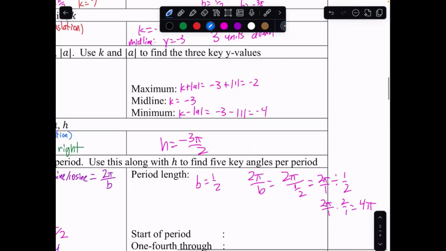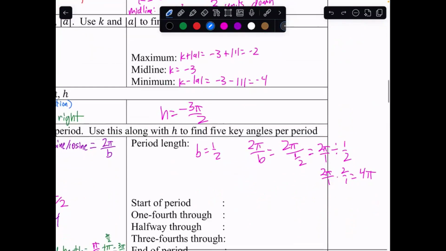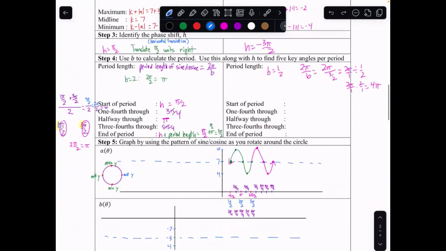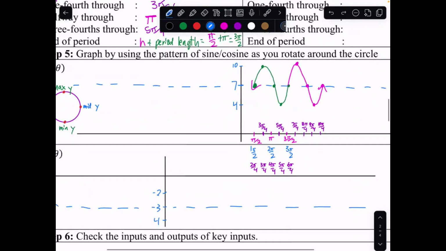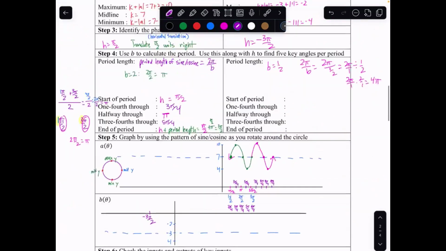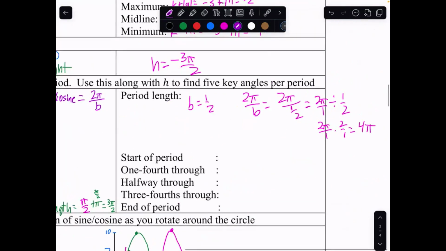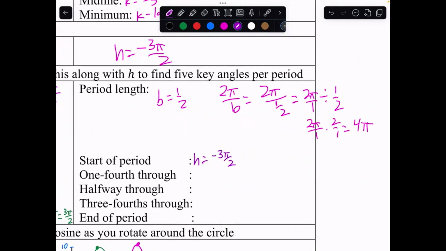Okay, I already mentioned how the h value is -3 pi over 2, right? So that's going to be our starting angle of the period. And I already calculated the period length. Since b is a half, 2 pi divided by half equals 4 pi. Okay, so to find the end of the period, I do h plus the period length.